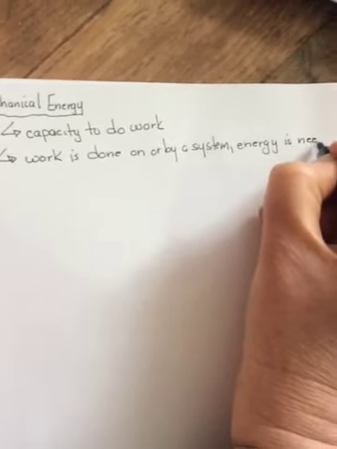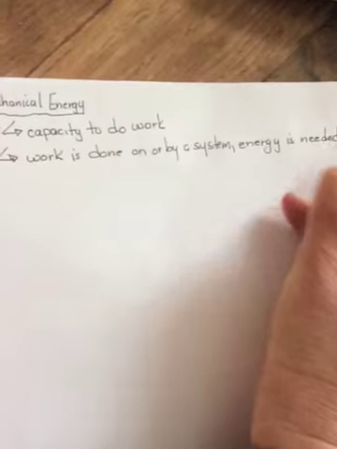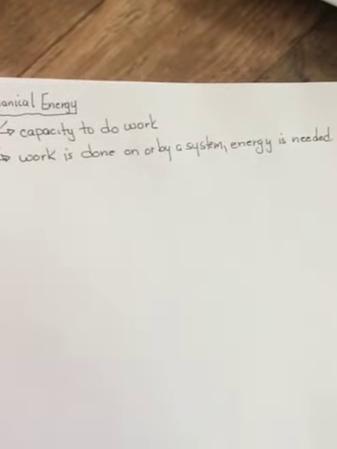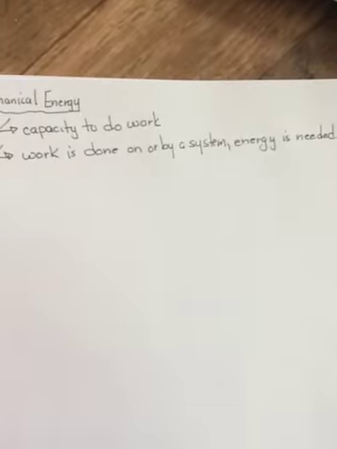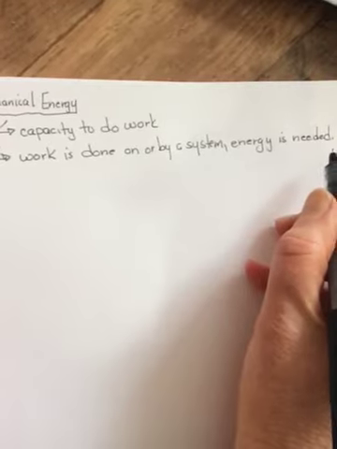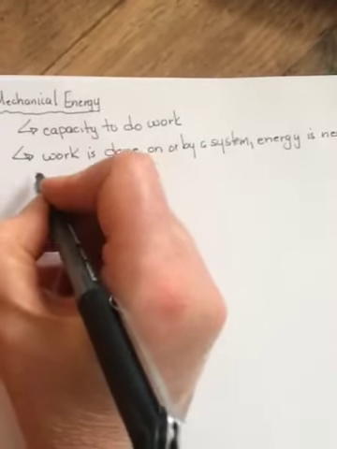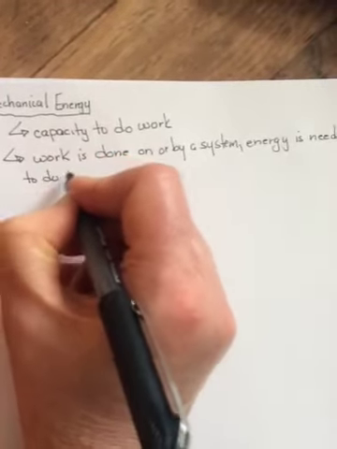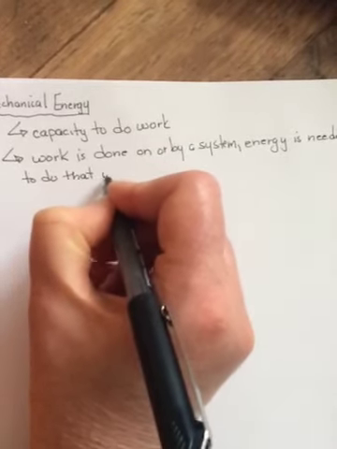In other words, you can't do work if you don't have any energy. So when someone says to you, take the garbage out, you might say, I can't do that, I don't have the energy. Okay? So when work is done on or by a system, energy is needed to do that work.